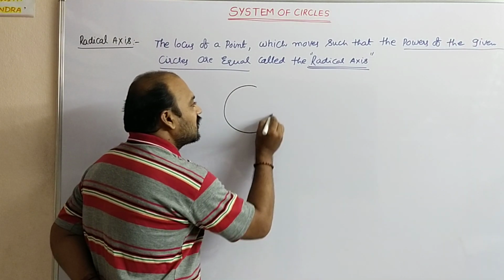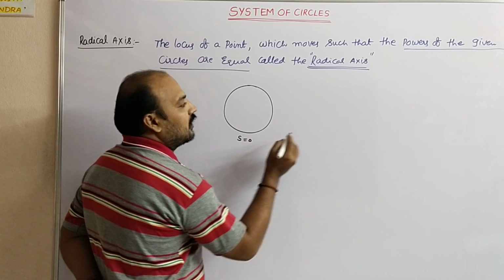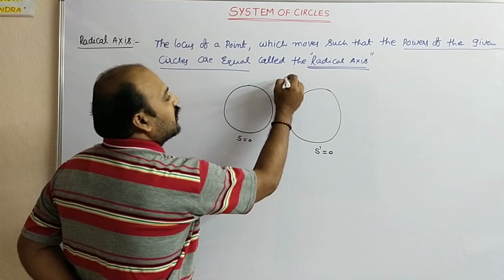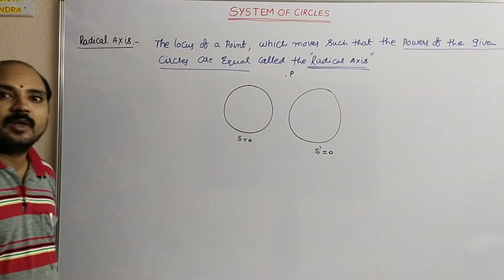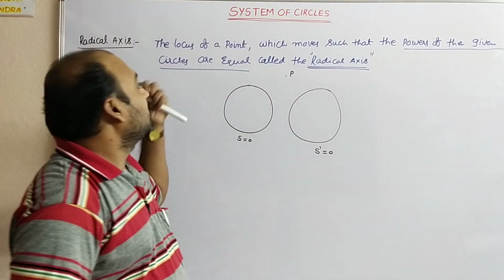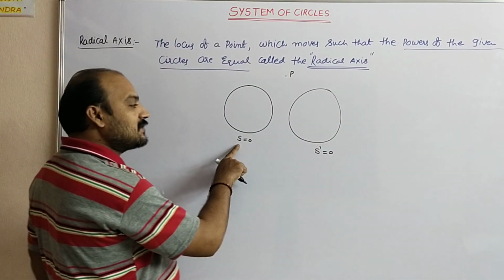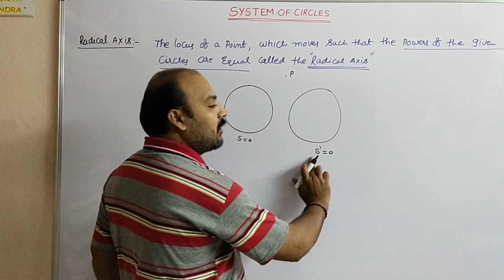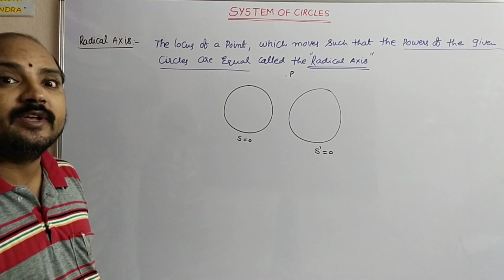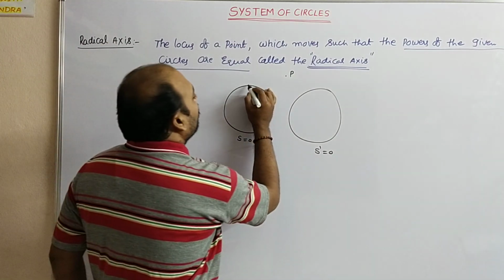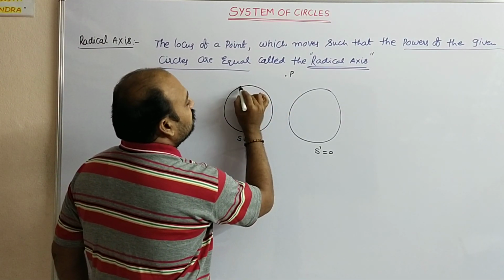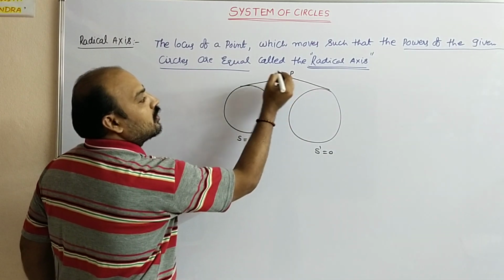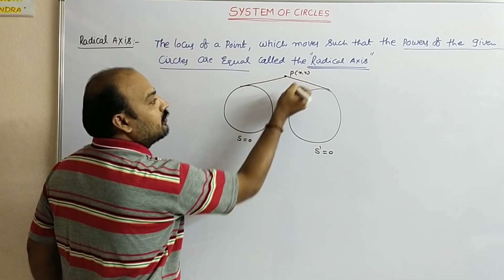Let S equal to 0 be a circle and S dash equal to 0 be another circle. Here, for the locus point, we take the power of the point with respect to the circles.